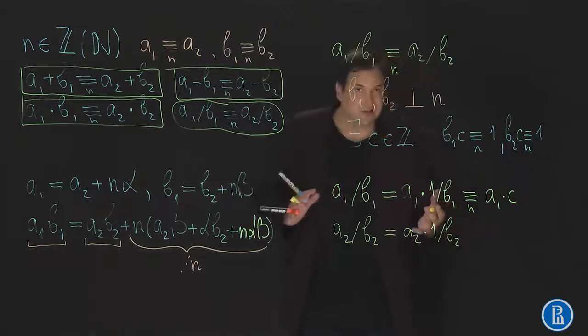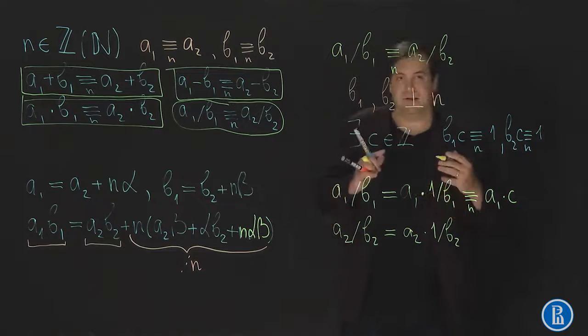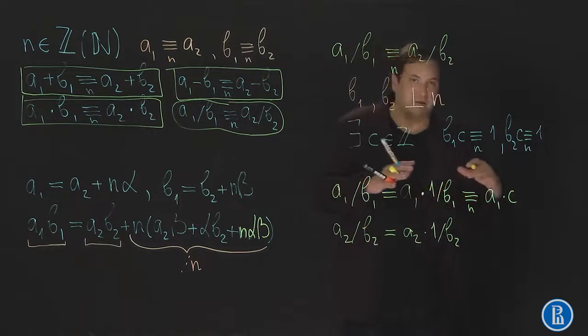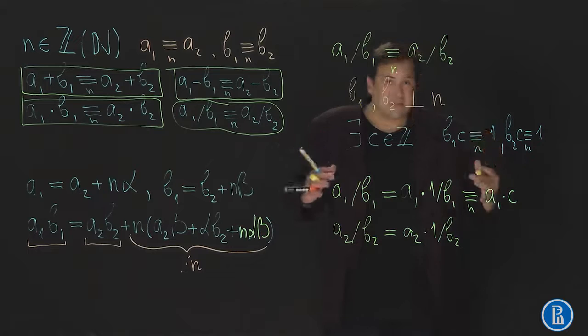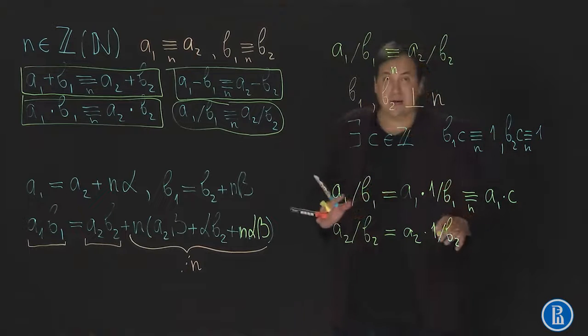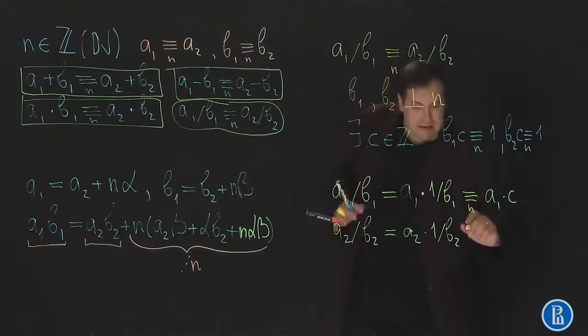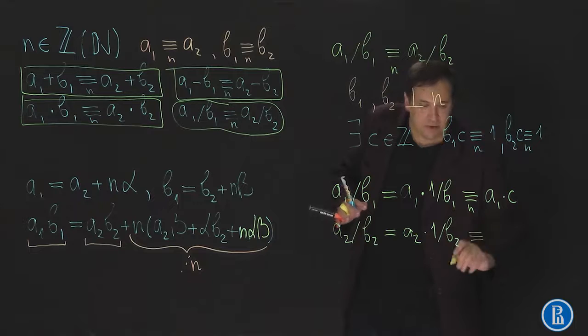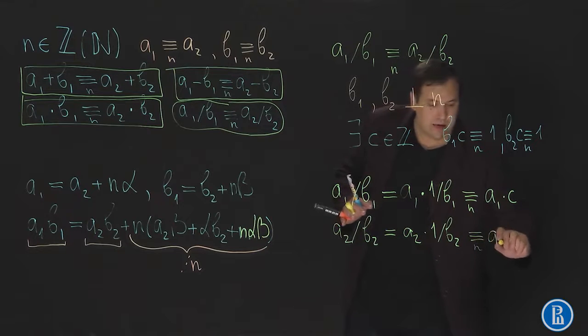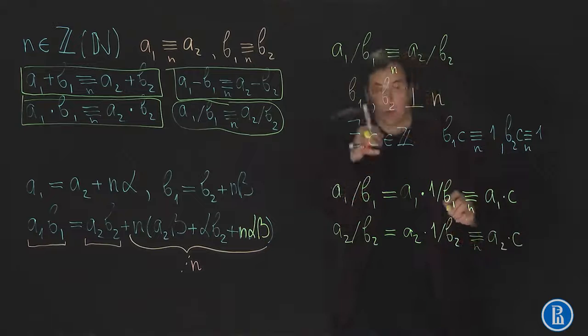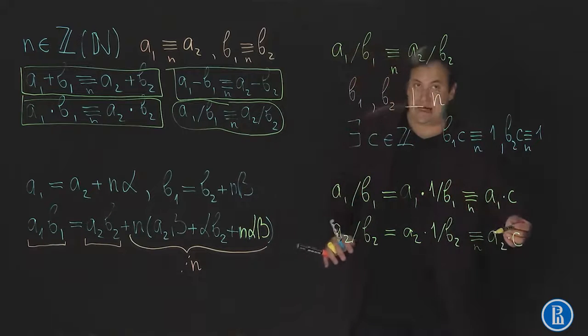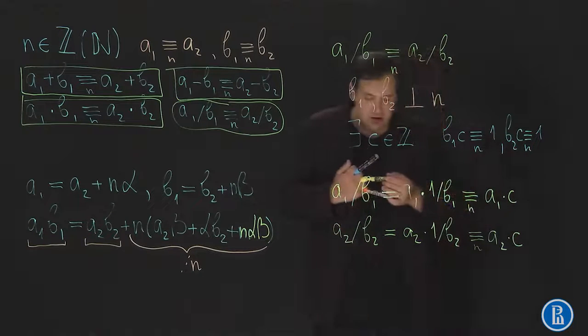Of course, this is not an integer, but nevertheless, if we transfer ourselves to arithmetic modulo n, then this is a correct sentence. And it will be congruent modulo n to a2 multiplied by c. So we know that a1 and a2 are congruent to each other.